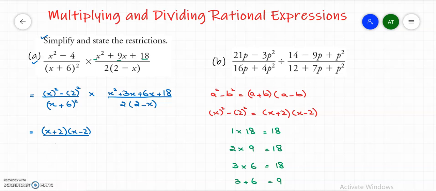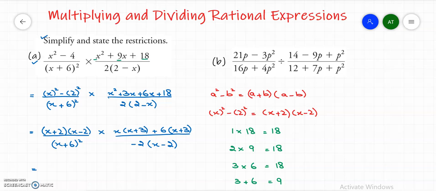Over, we have x plus 6 whole square. Okay, so let me simplify the numerator. Let's take x common. We are left with x plus 3, and let's take positive 6 common. We have x plus 3 over, in the denominator if I take a negative sign common, it would be minus 2, so the x would be positive and the 2 would be negative, right?